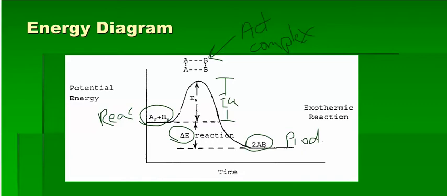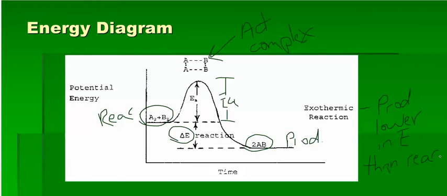So delta E is the change in energy of the reaction. Now this one is exothermic. The reason it's exothermic is because products are lower in energy than reactants are. So it's exothermic reaction. So there's 5 parts to every energy diagram that you would need to label.